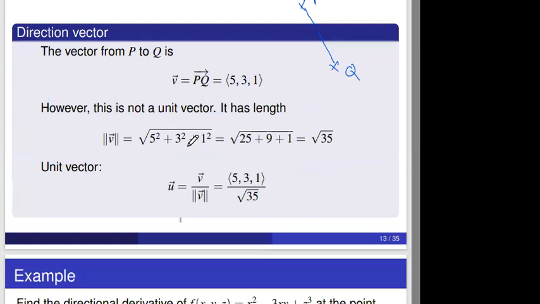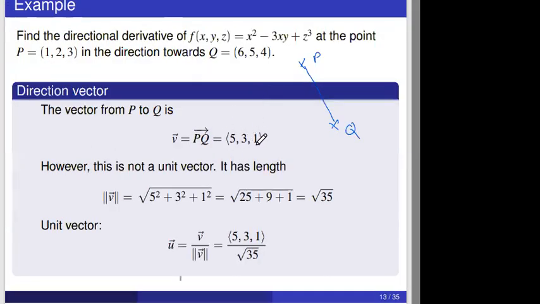Everybody knows because you passed your A levels, right? Then find the unit vector: you have to divide this vector by its magnitude. So this is the unit vector in the direction of PQ.